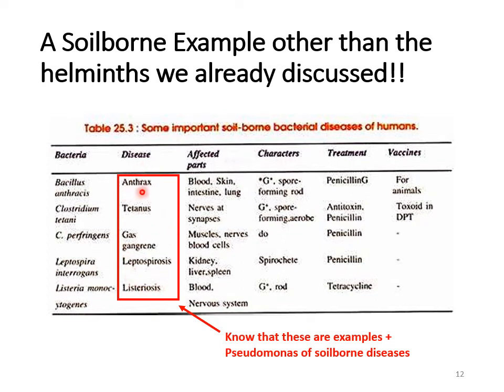With these, I want you to just be able to recognize that each of these, anthrax, tetanus, gangrene, leptospirosis, and listeriosis, are all examples of soil-borne infections, okay? Infections that you can get from soil.